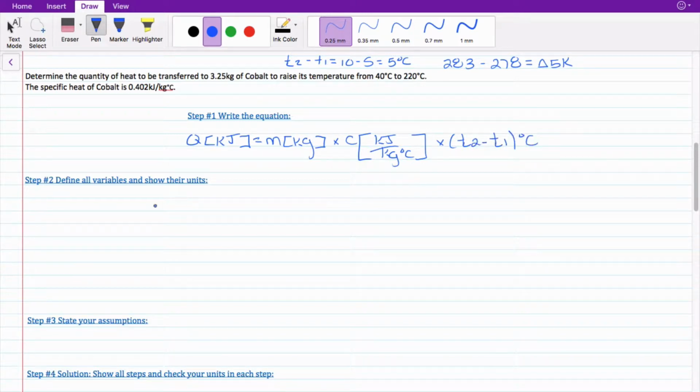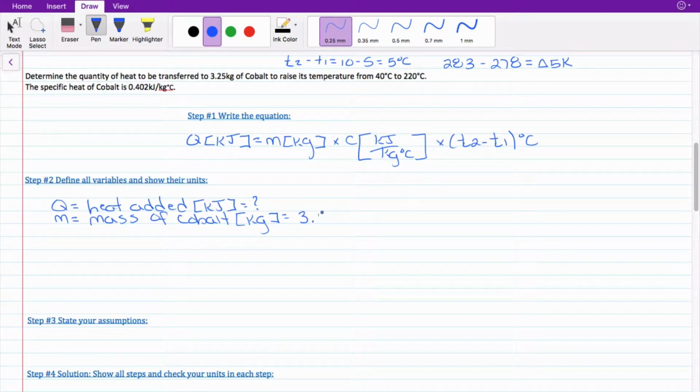which is T2 minus T1 in degrees C. Step 2, you have to define all your variables and show their units. So Q, in this case, we're adding heat to raise the temperature from 40 degrees to 220 degrees, so that's the heat added, in kilojoules. That's our unknown. We have our mass, m, the mass of cobalt, in kilograms.